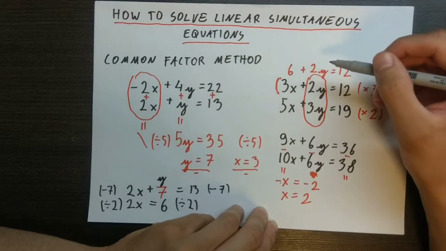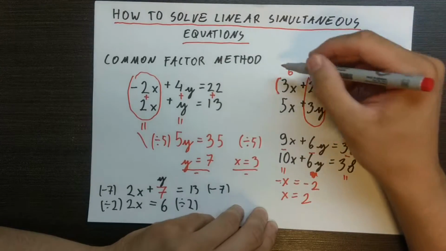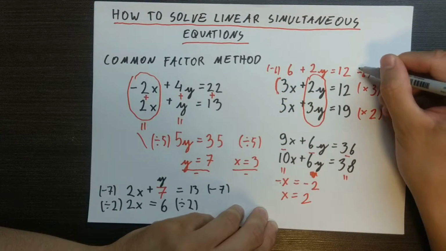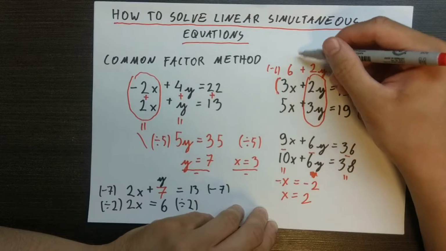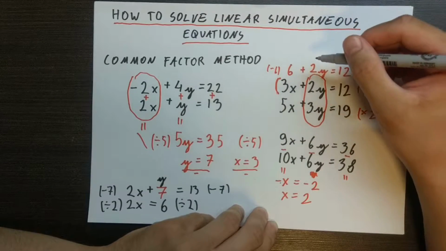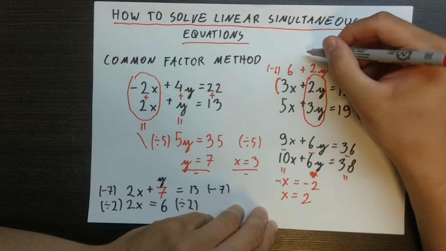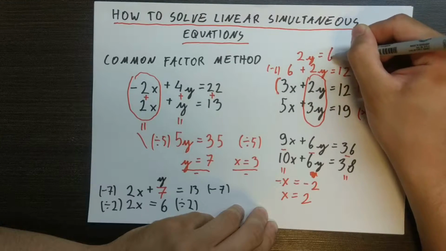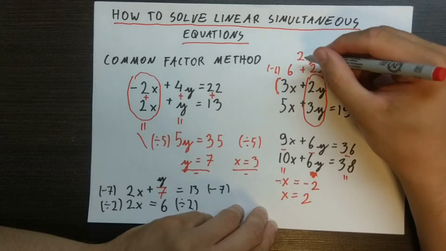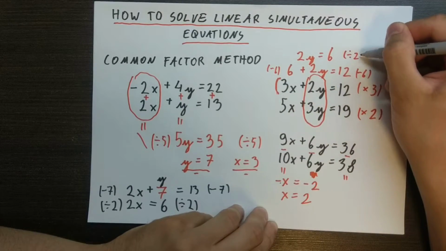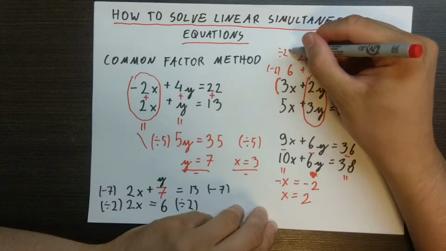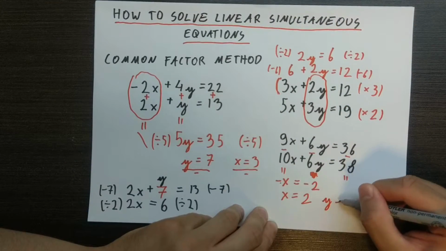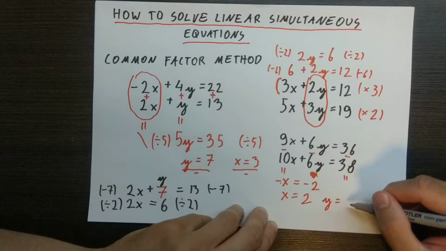Now we will subtract 6 on both sides. So now we have 2y, which is equal to 6. And now, of course, divide by 2 to get rid of the 2 in front of y. And we know that y must be equal to 3.